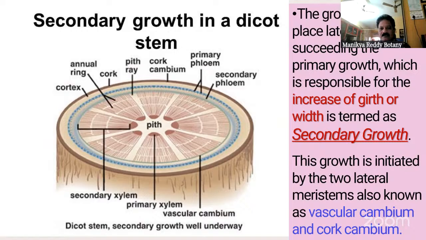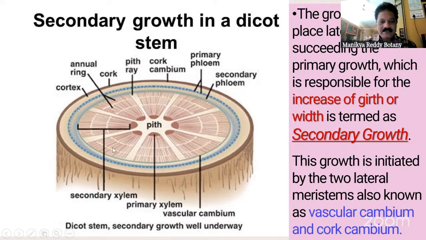Secondary growth is carried out by two cambiums. That means two cambiums are initiated. The first cambium is the vascular cambium. This is the blue one inside the stele.